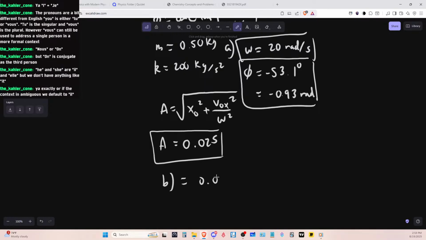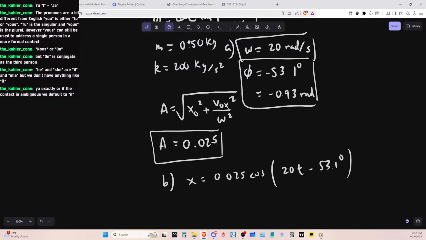So we're given x is equal to cosine, and omega is 20t plus, let's go with the degree mode. I mean the degree form.